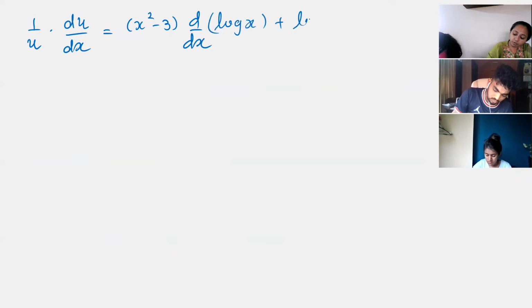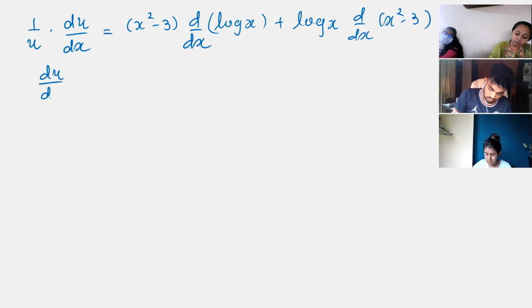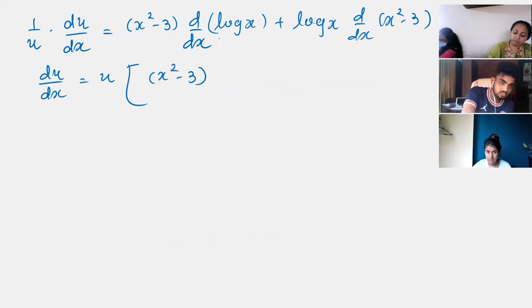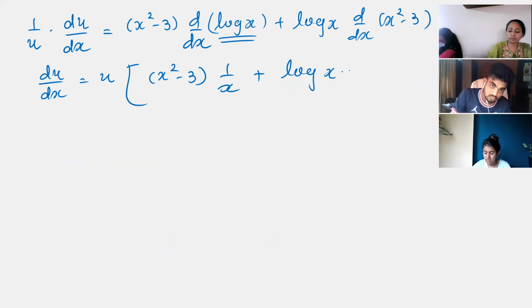Then log x as it is, and d by dx of (x² − 3). So it is (x² − 3) times 1 by x. And the derivative of x² is 2x, of 3 is 0, only 2x.